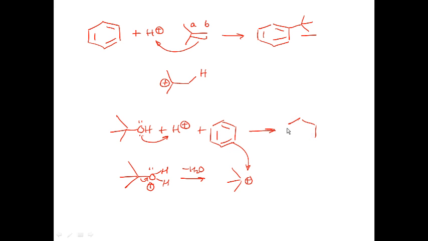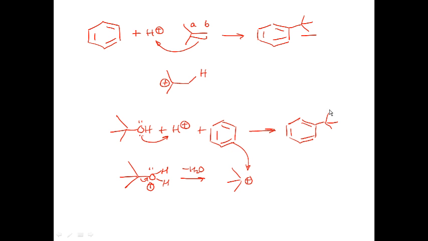So there's another way to make tert-butylbenzene. So any way that we've learned so far to make a carbocation, if you did that reaction in the presence of benzene, you would do electrophilic aromatic substitution and make that alkyl benzene, right?